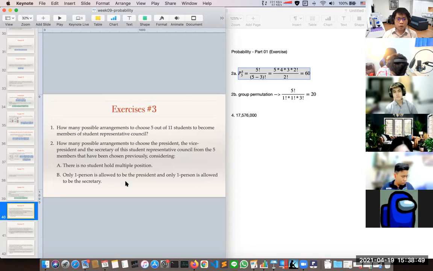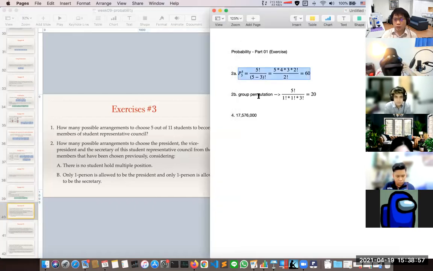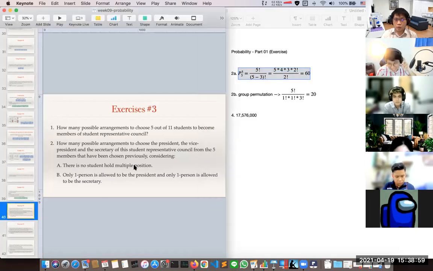Multiple persons hold, let's say, vice president 1, vice president 2, and vice president 3. Okay, so in that case, we need to perform group permutations for this. So we'll have 5 factorial divided by 1 factorial multiplied by 1 factorial multiplied by 3 factorial. So we'll have 20 possible combinations for this one.